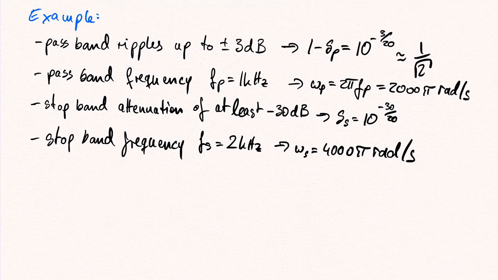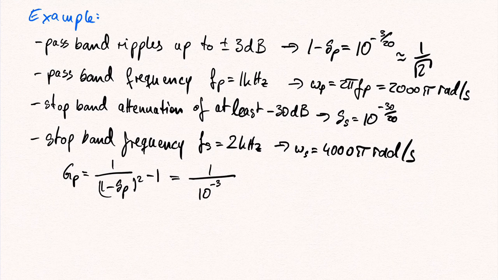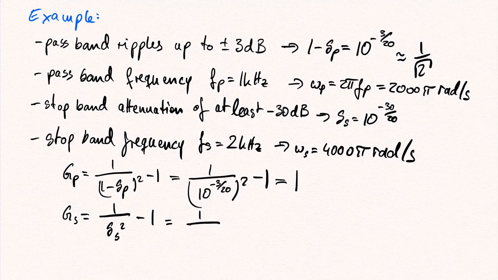To find the order n of the system, we first have to calculate Gp equal to 1 divided by the square root of 1 over (1 minus delta p) squared minus 1. Keep in mind here that 1 minus delta p is already 10 to the power of minus 3 divided by 20. So this is equal to 1 divided by the square root of 1 over (10 to the power of minus 3 divided by 20) squared minus 1, which is equal to 1. Gs is equal to 1 divided by the square root of 1 over delta s squared minus 1, equal to 1 divided by the square root of 1 over (10 to the power of minus 30 divided by 20) squared minus 1.